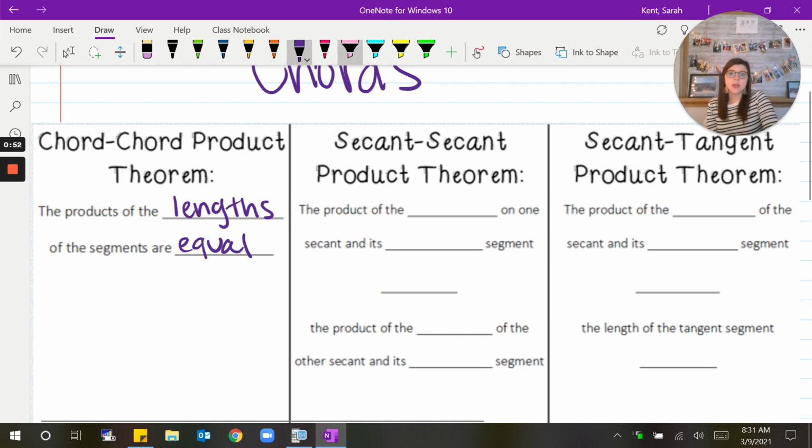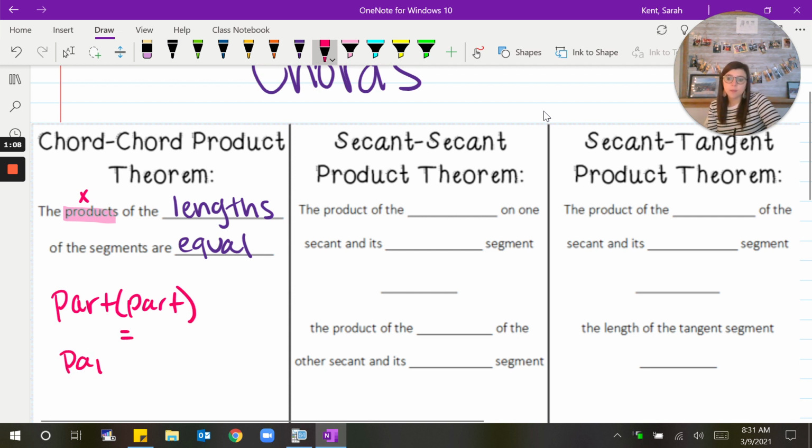So whenever we hear product, we want to think multiplication. So what this is going to look like is that we will have part times part is equal to a different part times part.